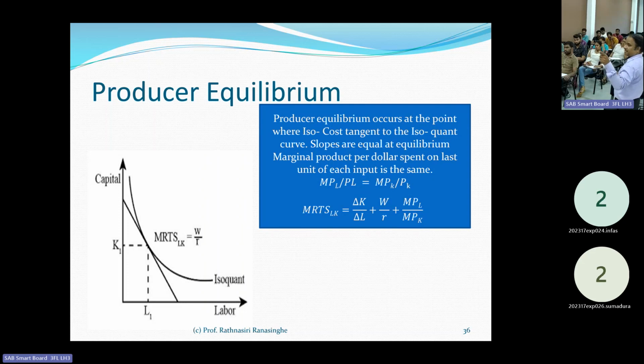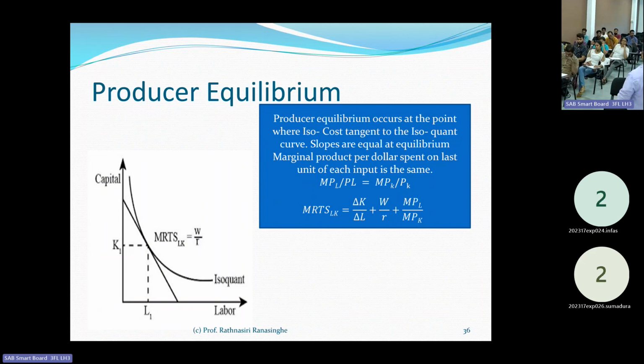By rearranging, you can write MPL over W equals MPK over R. So that is the marginal product per dollar spent on the last unit of each factor.